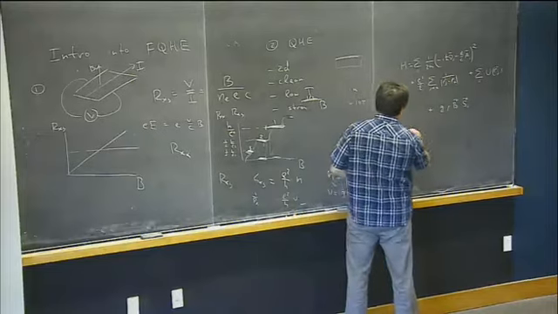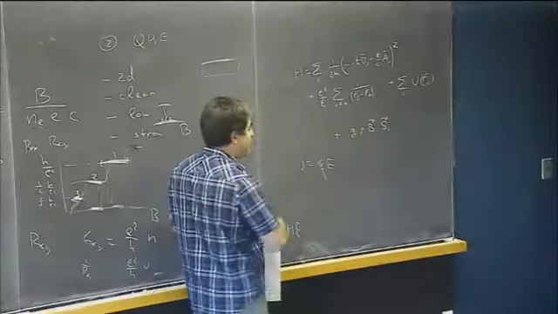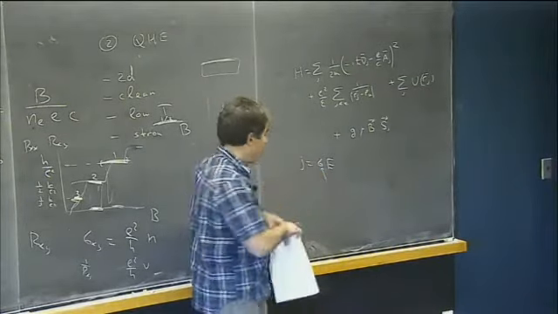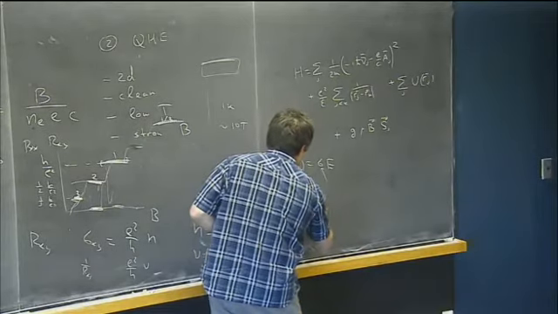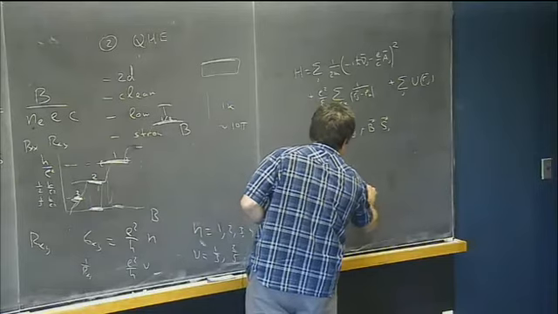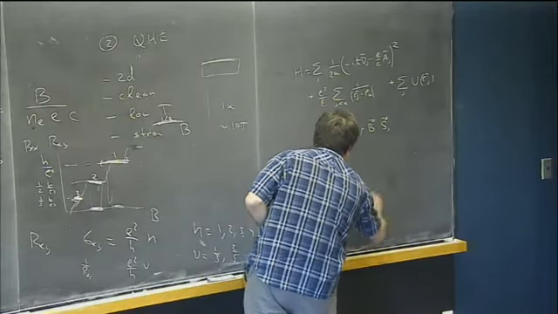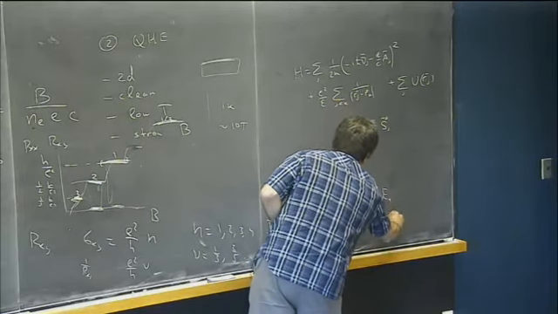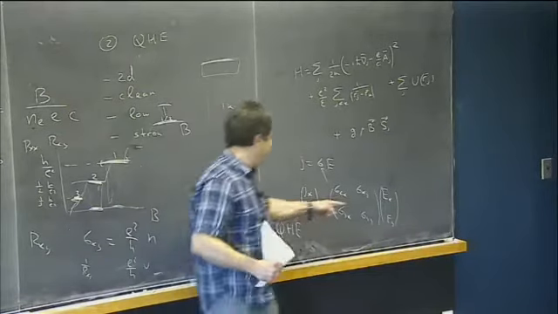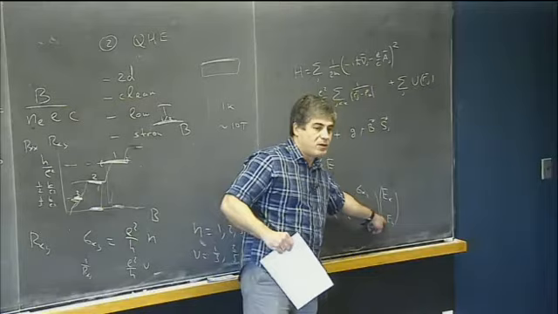Consider J equals sigma E. J is the current density, E is the electric field, and sigma is the definition of conductivity. If you have two directions, we usually write it as a matrix: sigma xx, sigma xy, sigma yx, sigma yy, times Ex, Ey. So if you apply an electric field, the current in the x direction is a linear superposition of the field in the x direction and y direction.